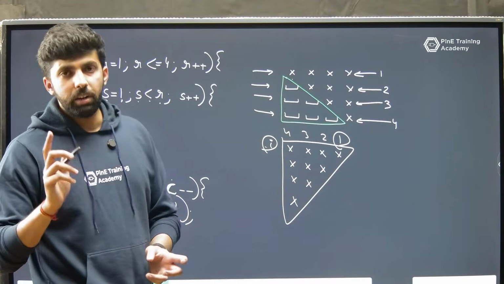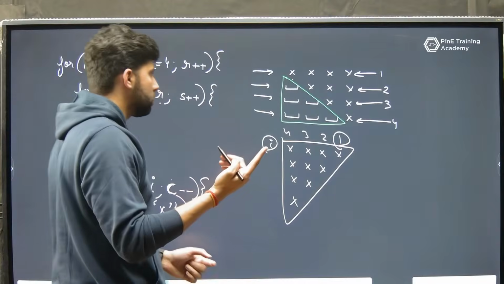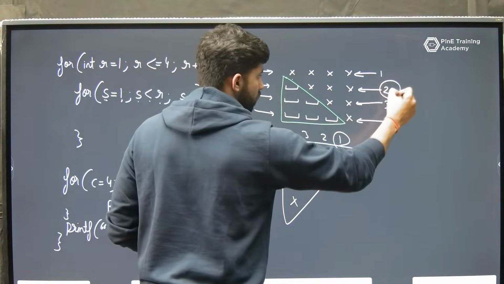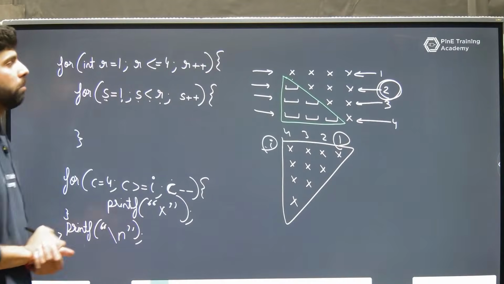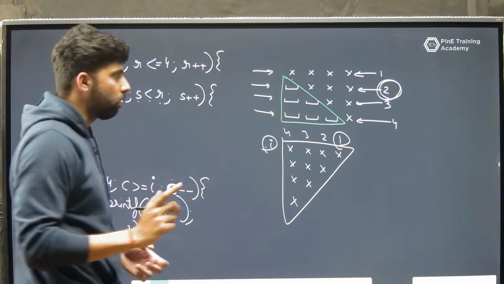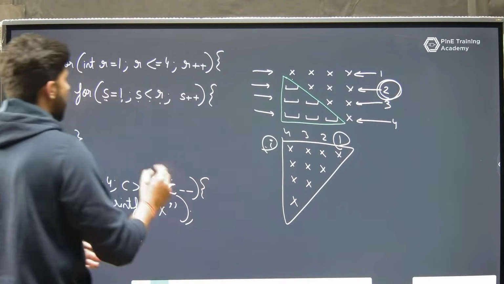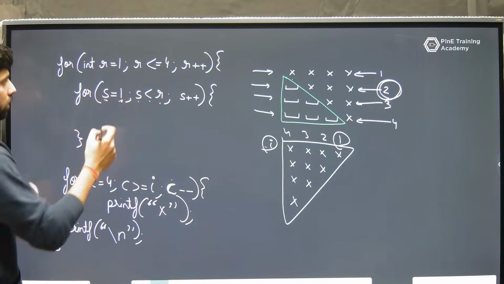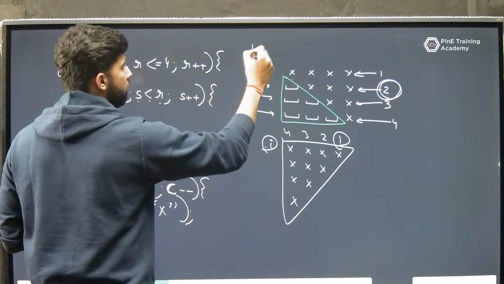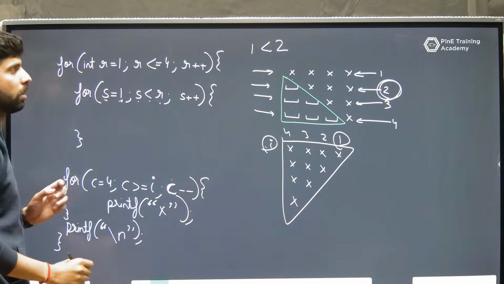But I need to check if it is working well for the second time or not. For the next time, my R will be 2, row number 2. S will again start from 1. So the condition will be 1 less than 2.